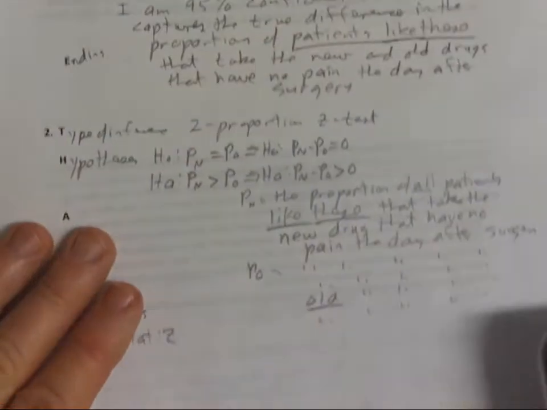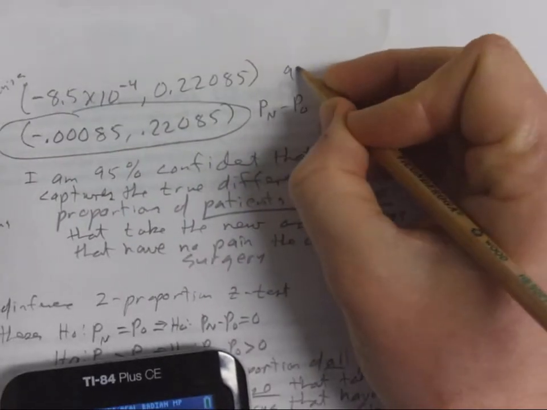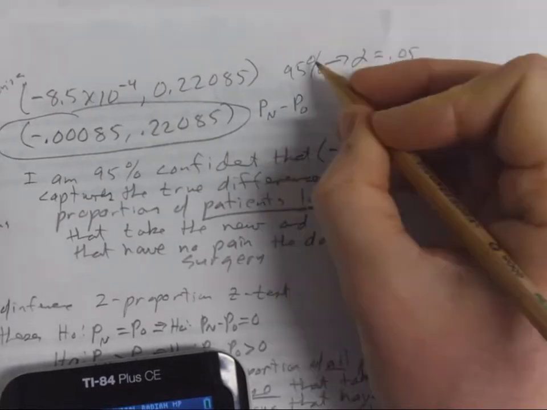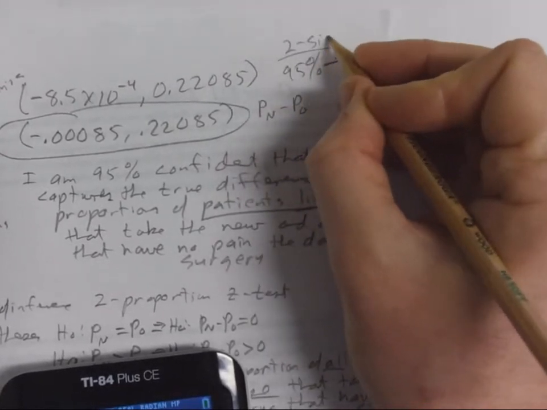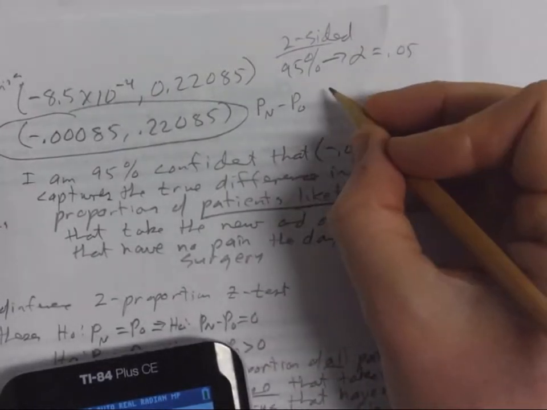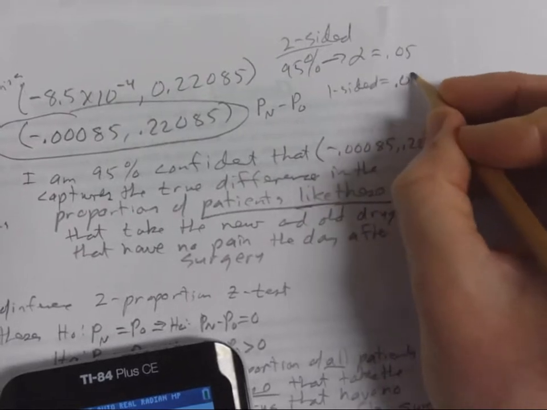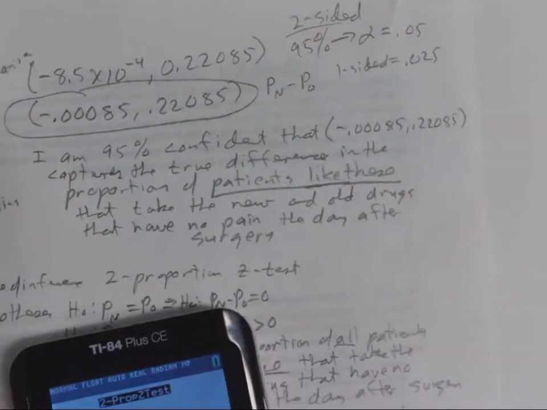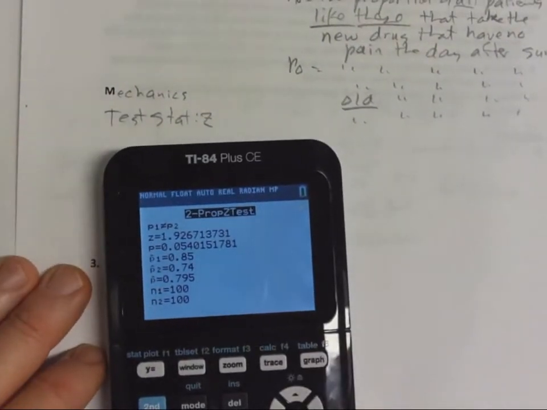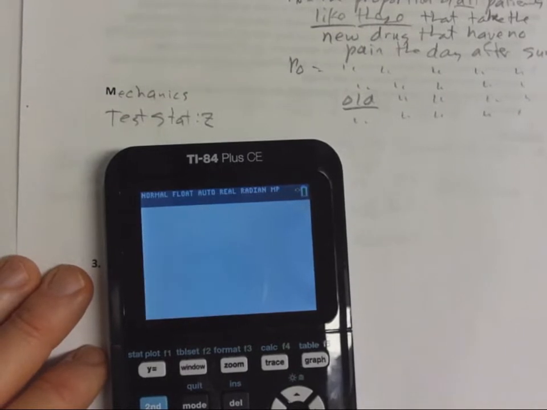But on a one-sided test, that works when you have 95% confidence, it goes with an alpha of 0.05 if it's a two-sided test, if you have not equal to. But for a one-sided test, that alpha gets divided in half. So let's see what happens on our one-sided test. We go stat, test, and we're going 2 proportion z-test.